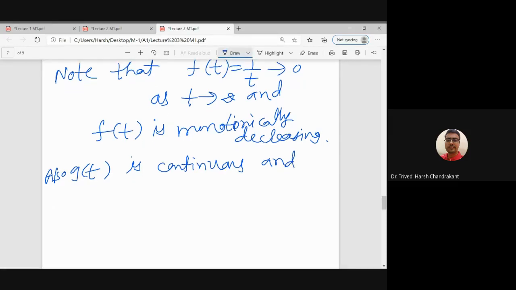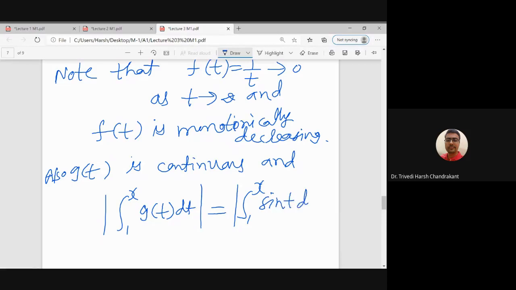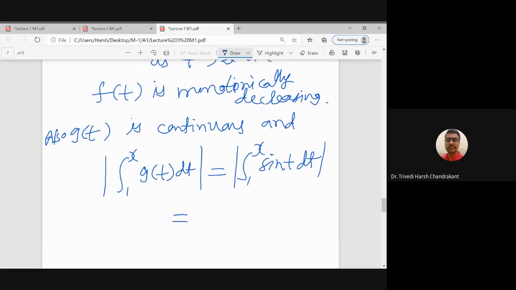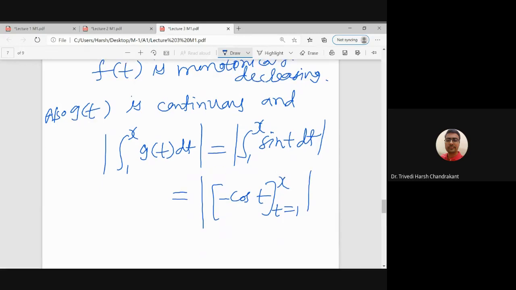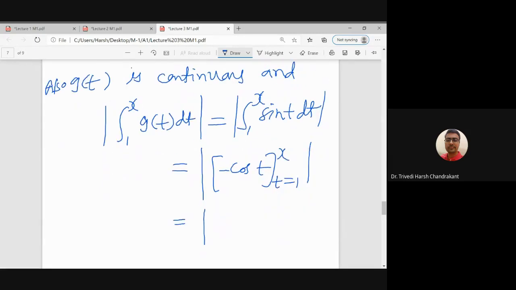So the modulus of the integral from 1 to x of g(t) is the integral from 1 to x of the function sin t dt. And then we know that the integral of the sine function is minus cos t, with limits t from 1 to x. So this is nothing but cos 1 minus cos x.